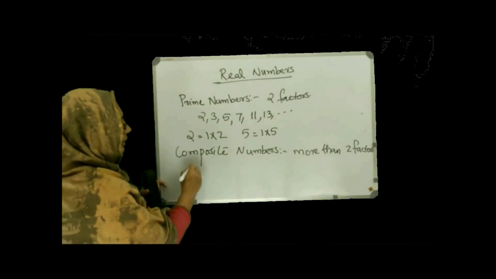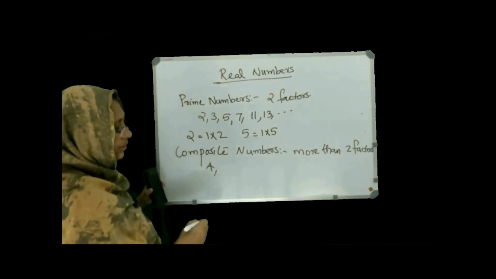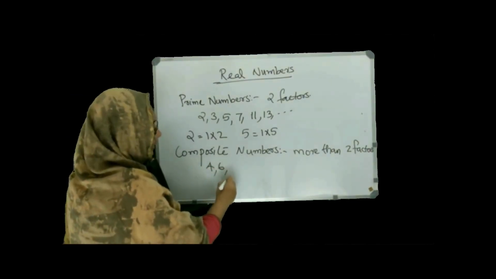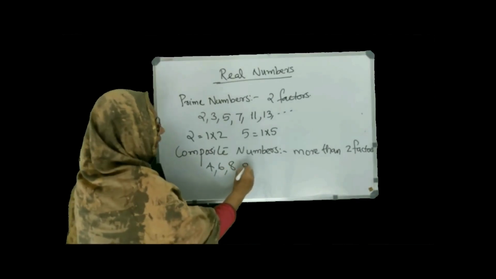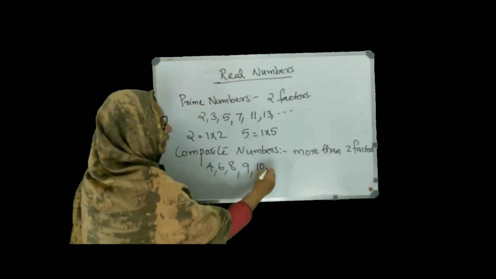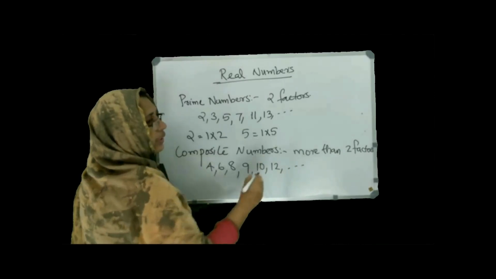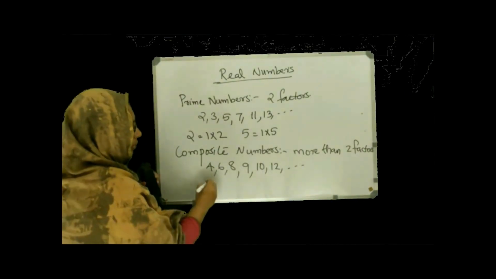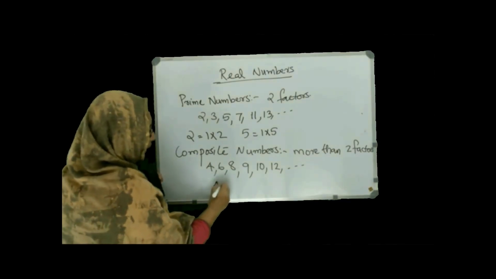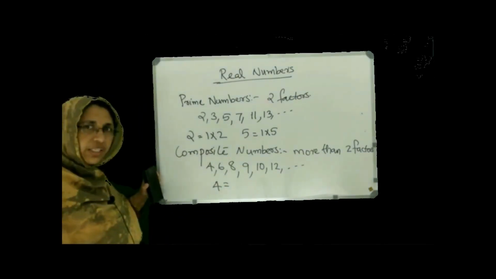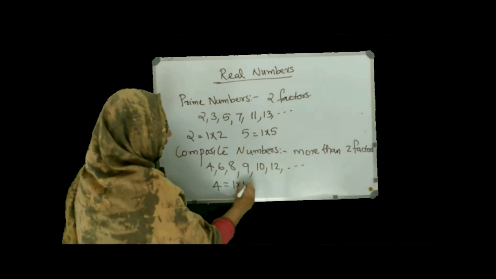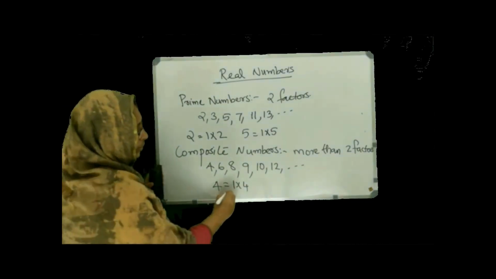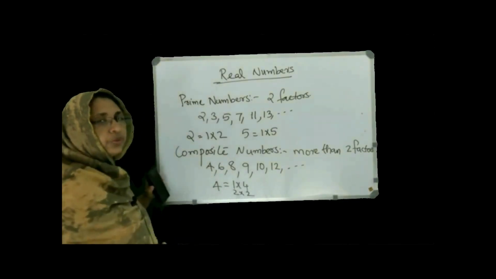Composite numbers are 4, 6, 8, 9, 10, 12, etc. 4 equal to 1 into 4 and 2 into 2.